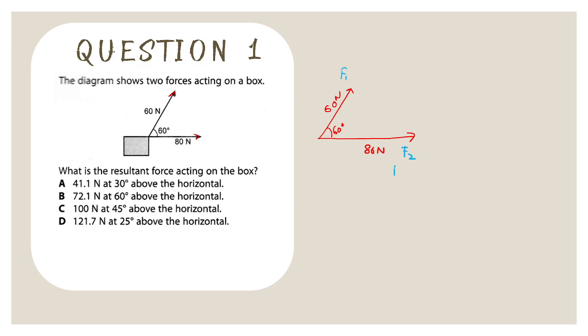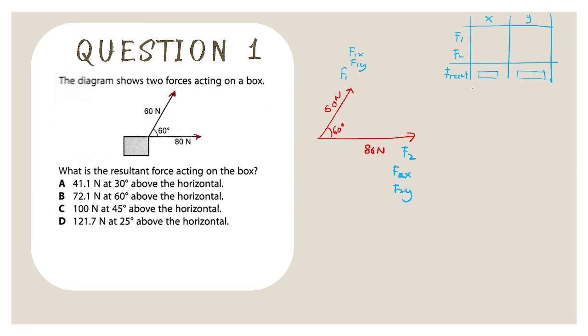You resolve into F2x and F2y, and this is F1x and F1y, and then you draw the table, with x, y, and F1, F2, and F resultant. Then you add or subtract, and you get the answer.